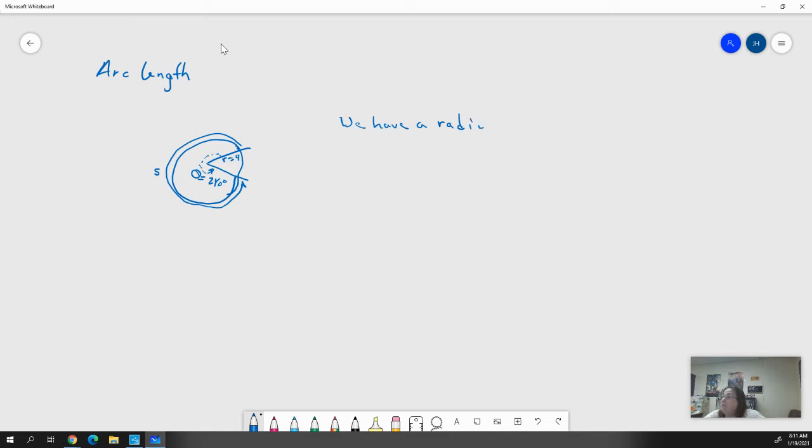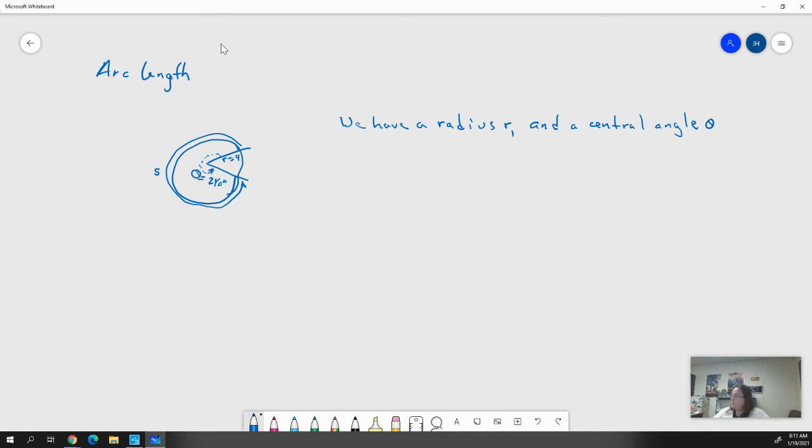In this case, our r equals 4, and a central angle that we'll call theta.